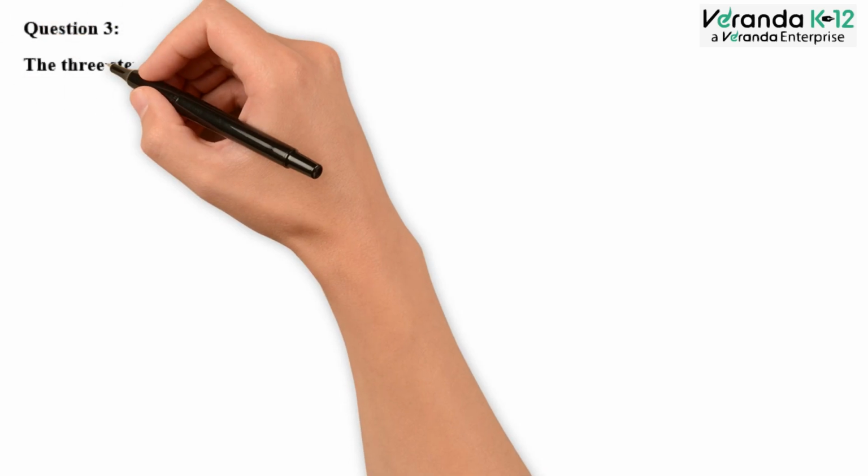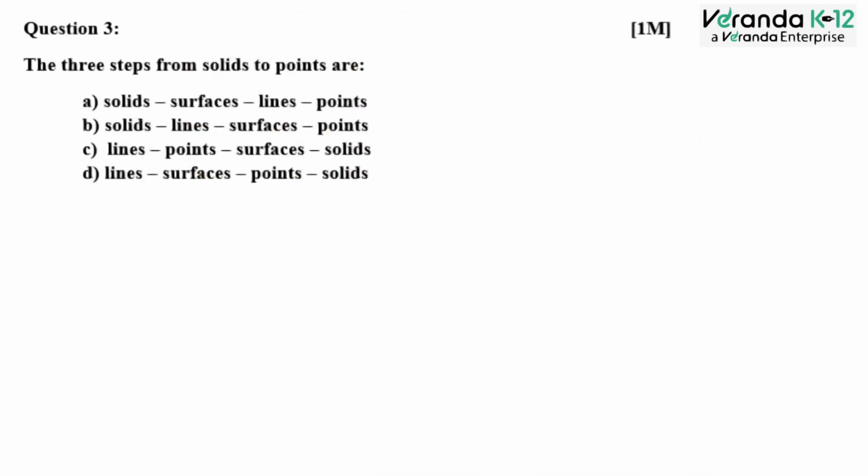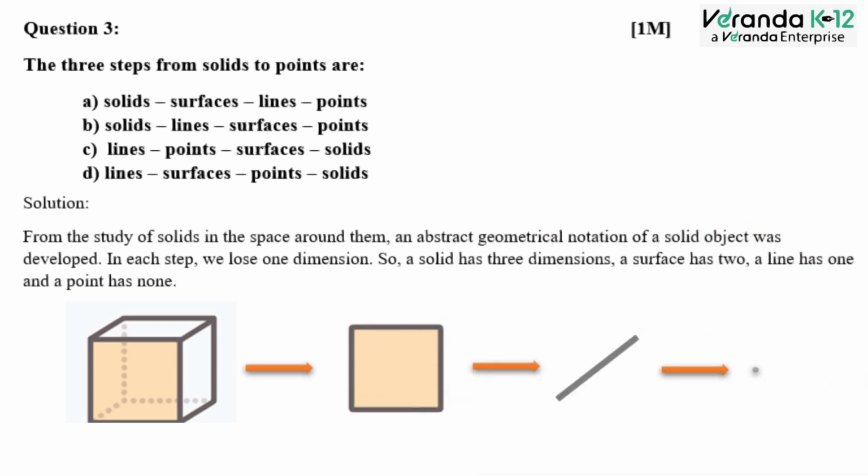Let's move on to the next interesting question from Euclid. Question number 3. The 3 steps from solids to points are option A, solid, surface, line, point, option B, solid, line, surface, point, option C, line, point, surface, solid, option D, line, surface, point, solid. So in those days, mathematicians defined the abstract geometrical concepts from the definition of solids they saw around them.